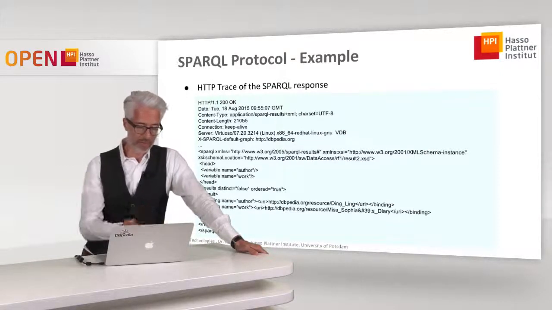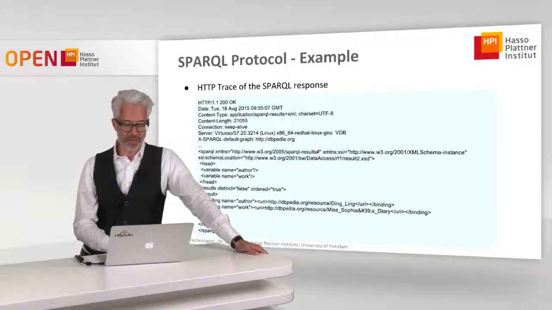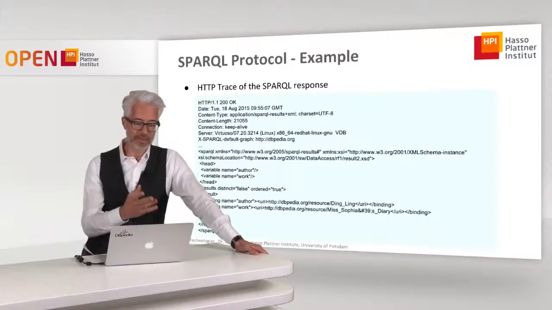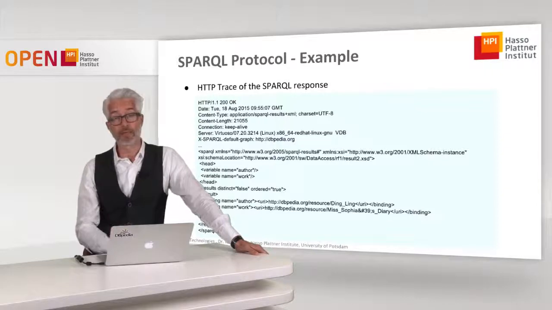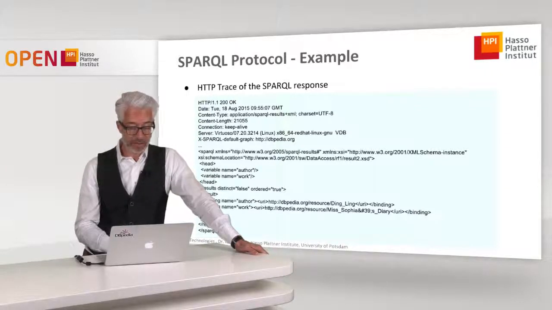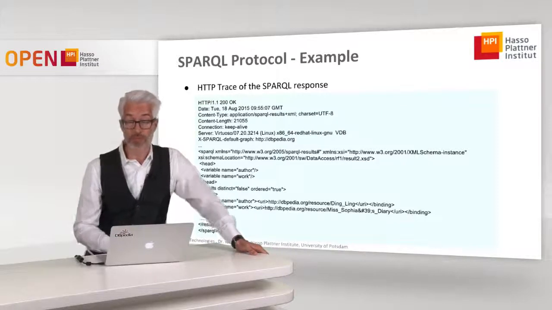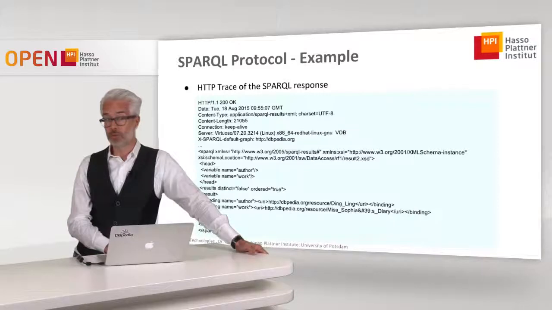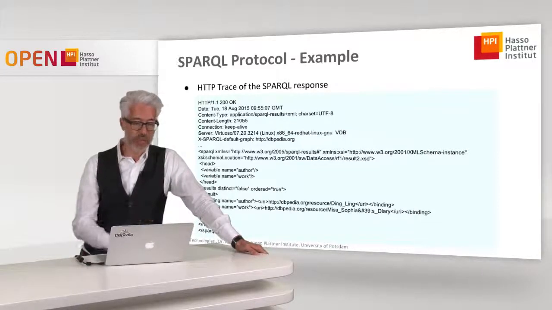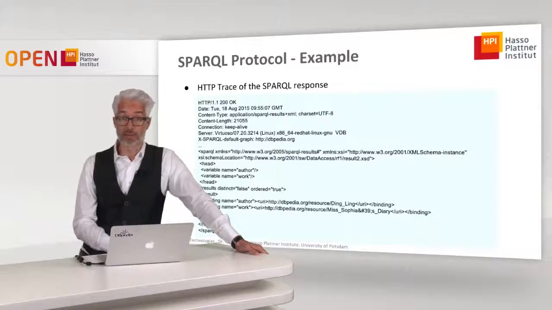So you have a header with the variables, and then you have a result set which has all the bindings of the single result lines. This would be the HTTP trace of a SPARQL result. And of course you can try this out with the according command line tools or web-based tools where you can trace your SPARQL protocol.